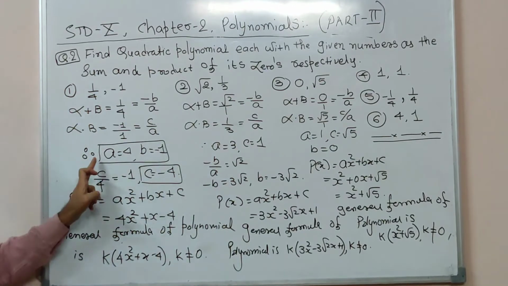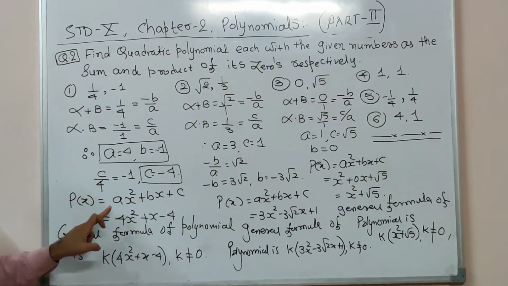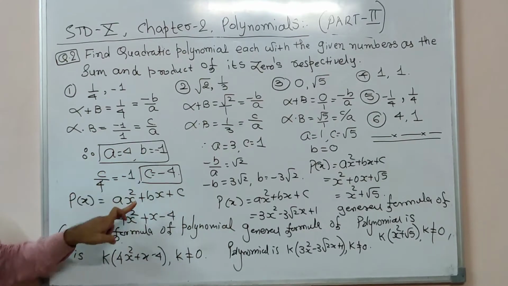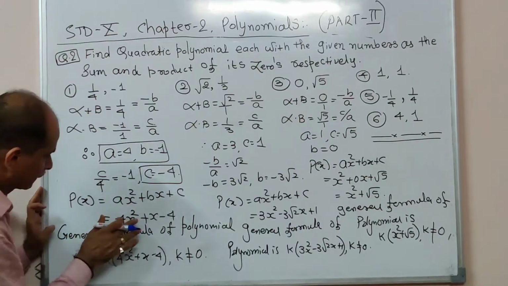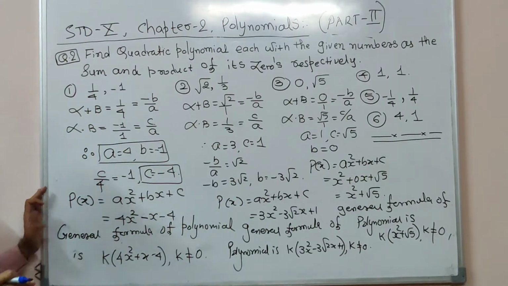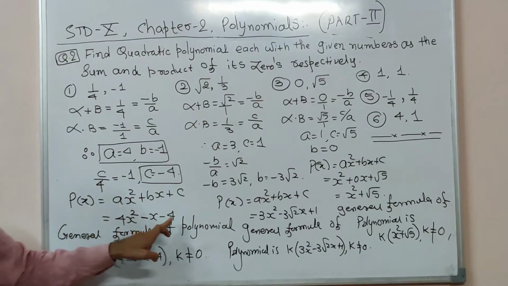Now put the values of a, b and c in the general formula of quadratic polynomial, that is ax square plus bx plus c. A means 4, b means minus 1 and c means minus 4. So 4x square minus x minus 4 is your quadratic polynomial.